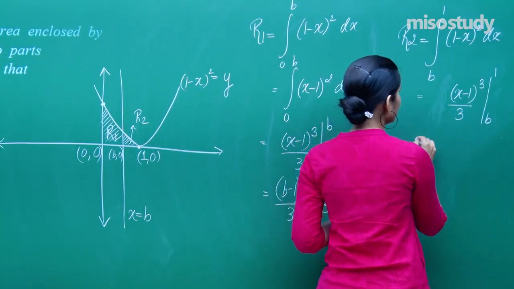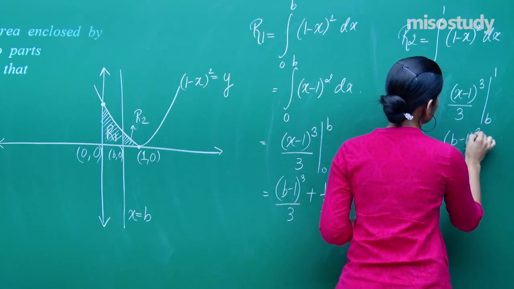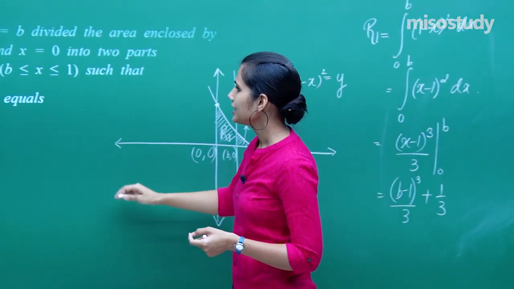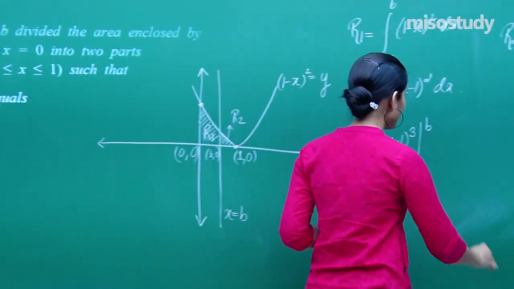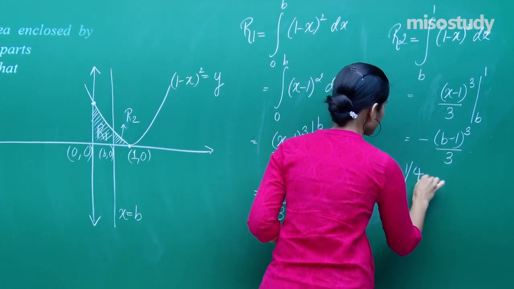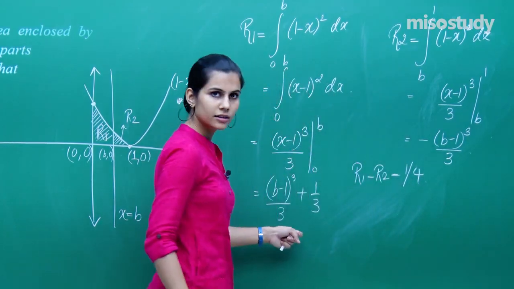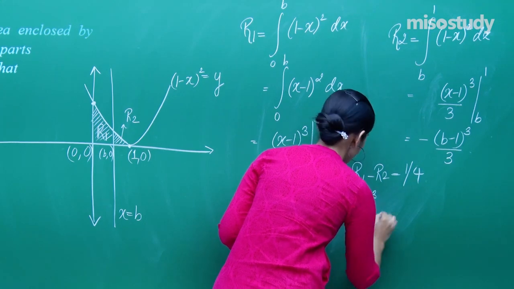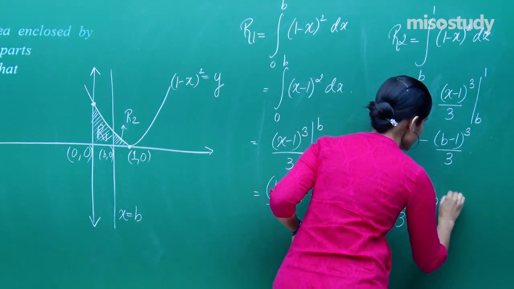So this will be 0 minus b minus 1 cube by 3. It is given in the question that R1 minus R2 is 1 by 4, then b equals what? R1 minus R2 is 1 by 4. R1 is this, which is b minus 1 cube by 3 plus 1 by 3, minus of minus.